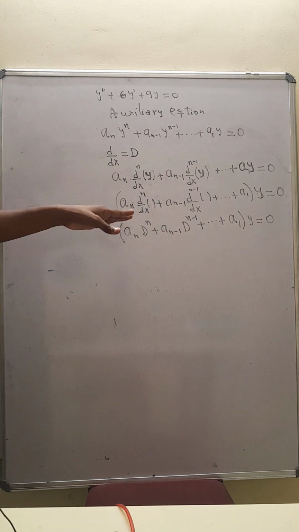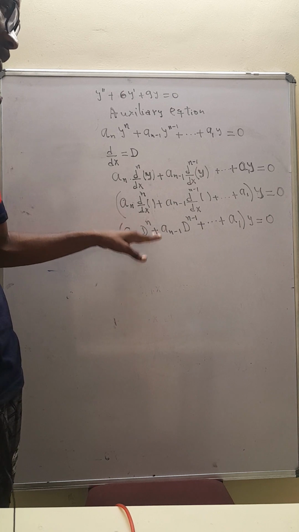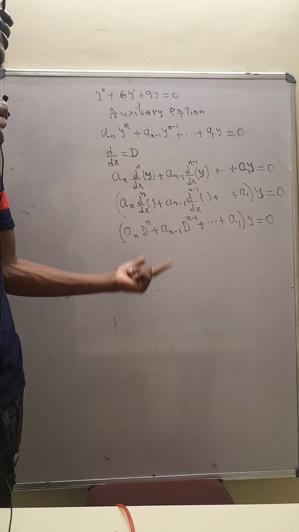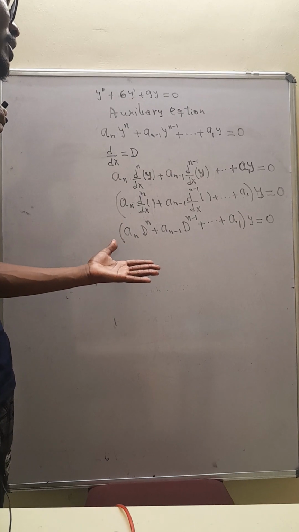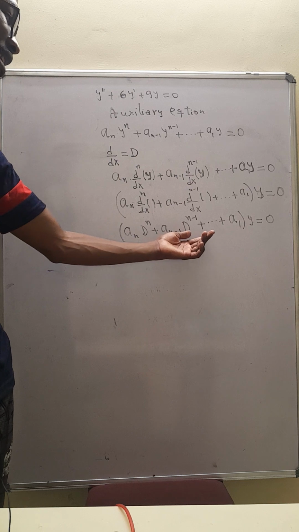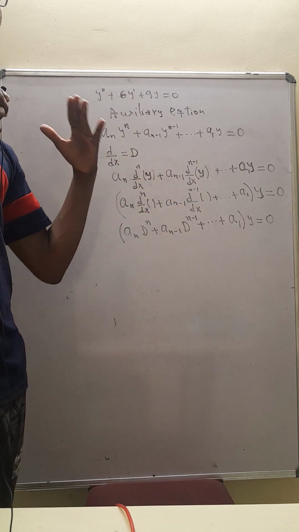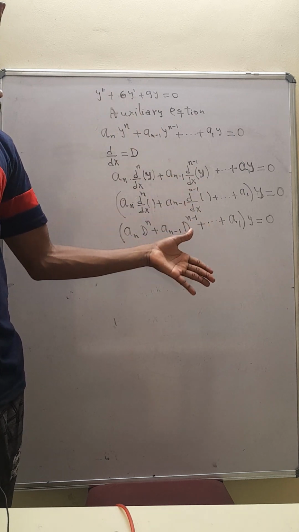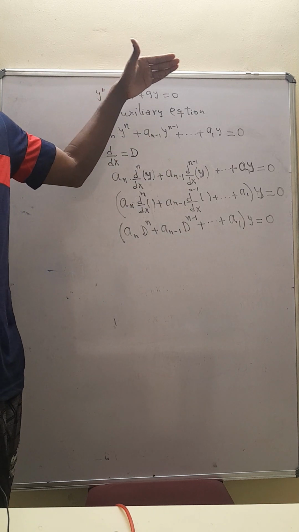It means that surely what we are going to have here is an equation based upon D. So we will find D, and after finding D, we are going to check whether the solution of D is a real repeated root or not. Then we will apply the formula that we have studied.